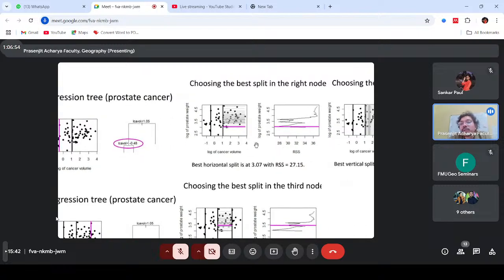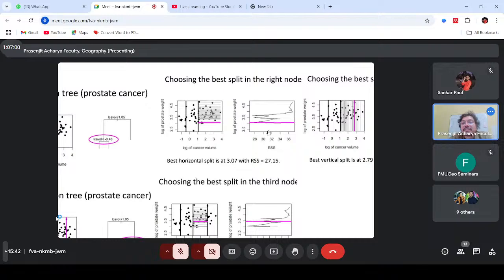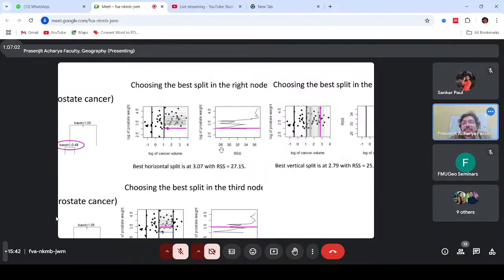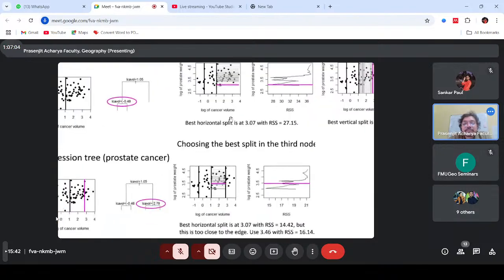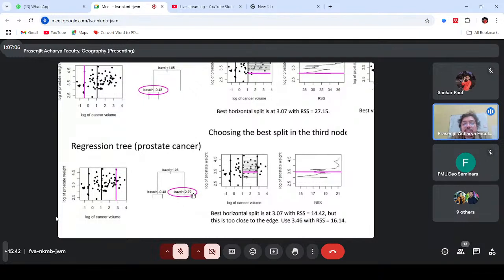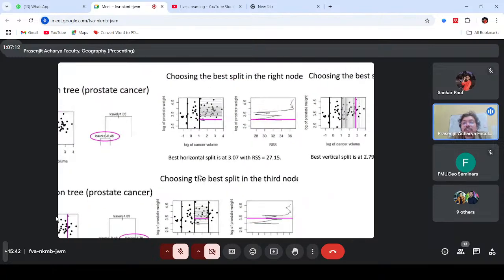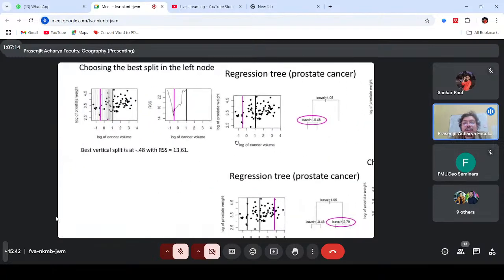And if we keep on doing that, the next splitting would be this, 2.79. So we have 1.05, negative 1.48, and 2.79. Now, this is for the log of the cancer volume.